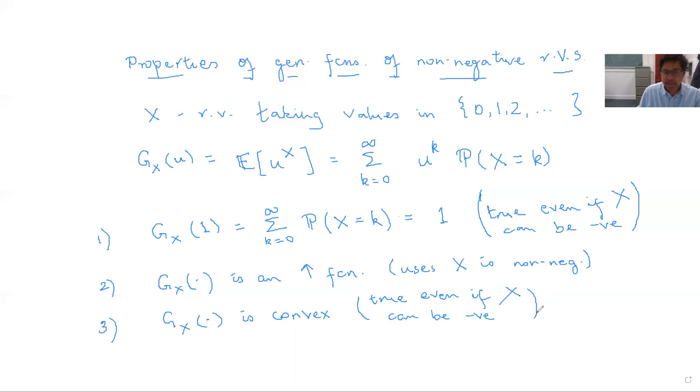And the reason G_X is convex is that it's a sum of convex functions with non-negative coefficients. So u to the k for any k is a convex function. Whether k is positive or negative, u to the k is convex.